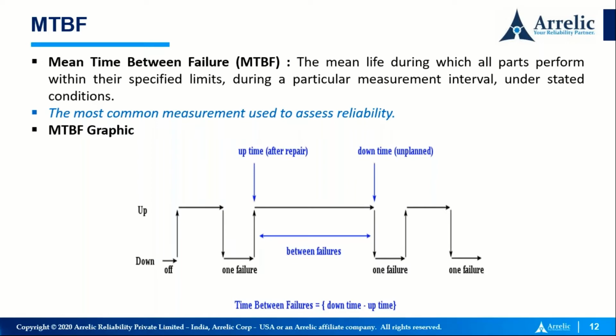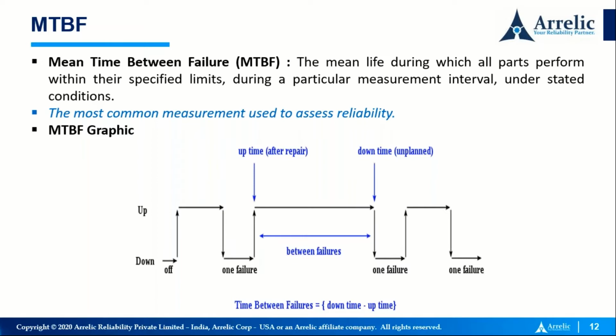Ladies and gentlemen, always note that this is under stated conditions. What do we mean by this? It has been repeated under availability. It has been repeated under reliability. It is being repeated under MTBF. What it means is within the design limits of the asset.